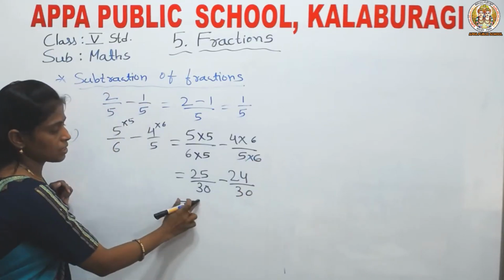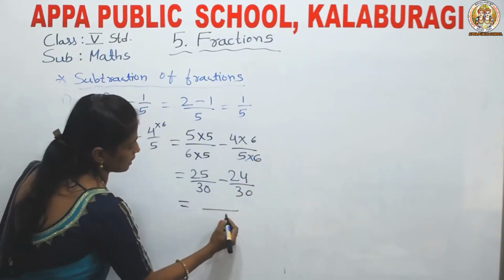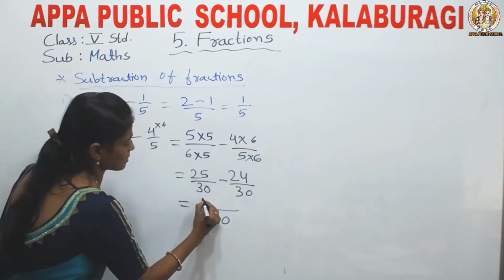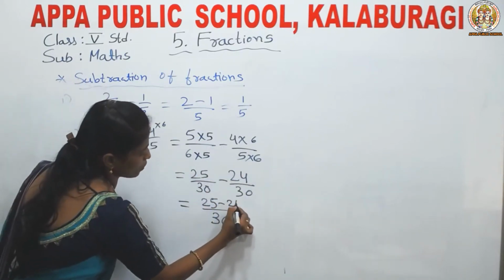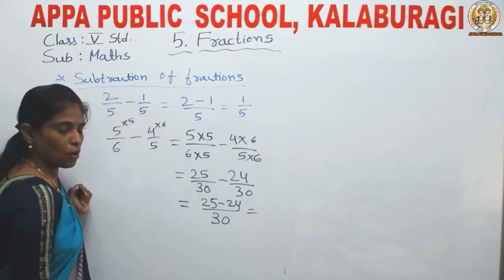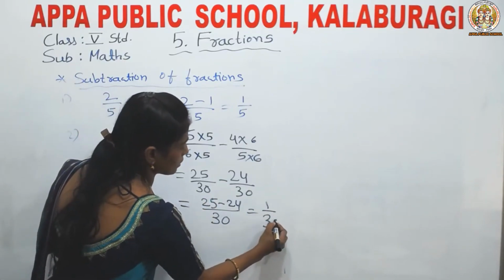Now the denominator is the same, the LCM is 30. The denominator stays as it is, and we subtract 25 minus 24, which gives 1 by 30.